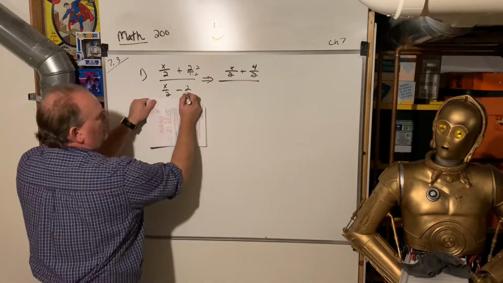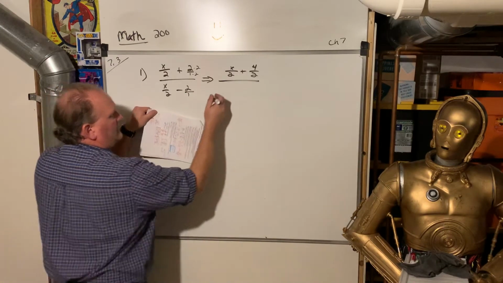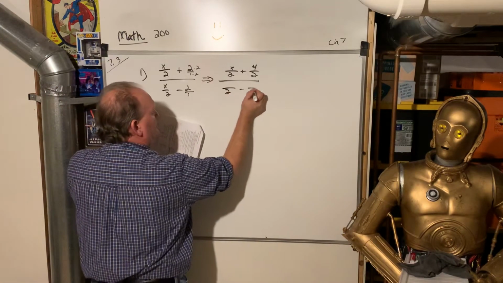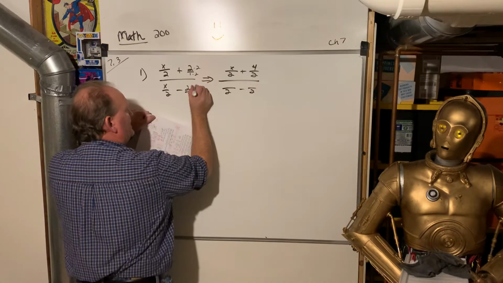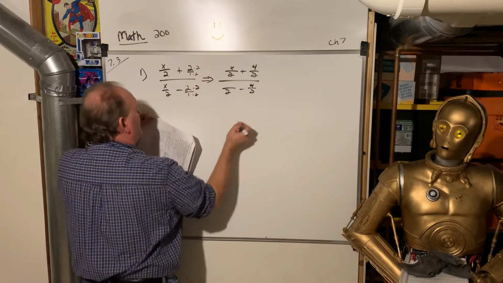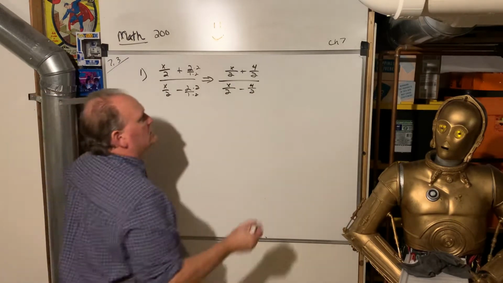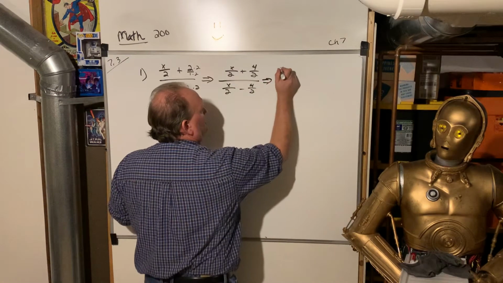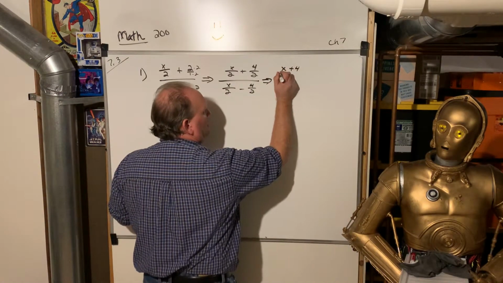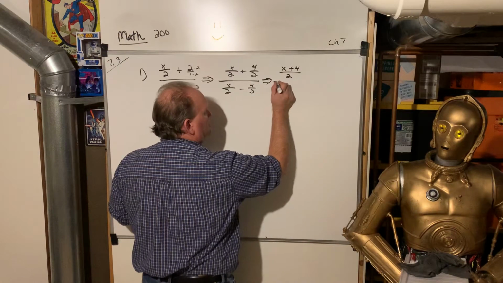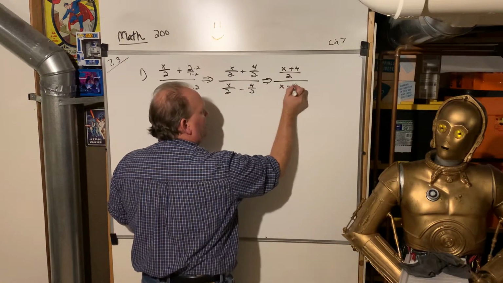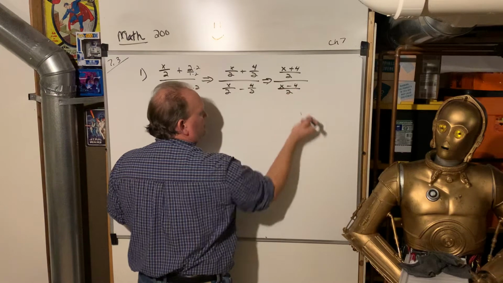Now you do the same thing with this, again, common denominator is 2. You have to multiply that by 2 and that by 2, we get 4 halves again, and x, and now what you can do is say x plus 4 all over 2 divided by x minus 4 all over 2.